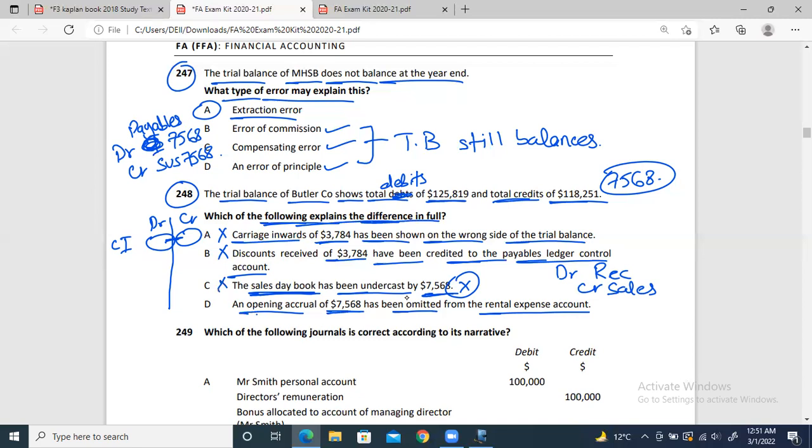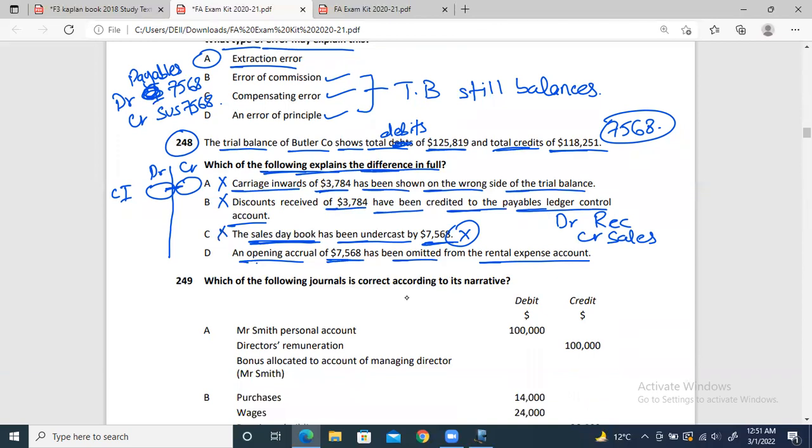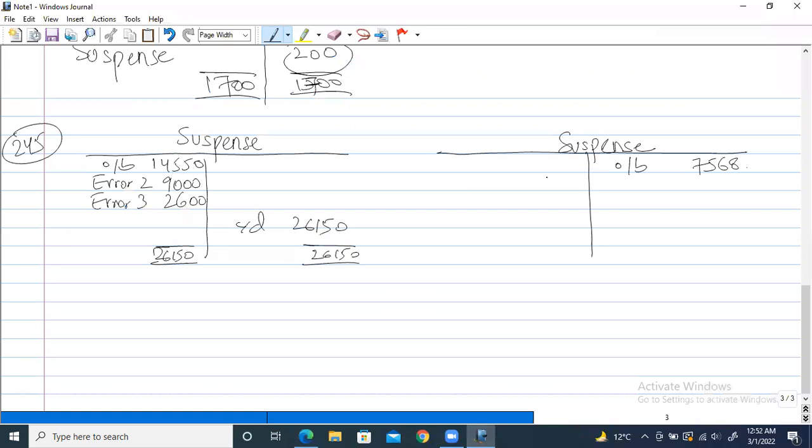If the opening accrual is missing, the opening accrual normally comes on the credit side of its own T account, right? So what we'll do is credit accrual by 7568, and because we have nothing on debit, we'll debit suspense 7568. So if we do 7568 debit, yes, this is correct, because this will cancel out this one.